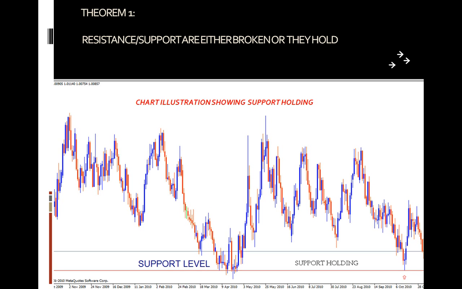So here is to show us on the chart that once price gets to support level, it's either holding or broken. And we can see at this point that support is holding firmly. This supports our claim for theorem 1.